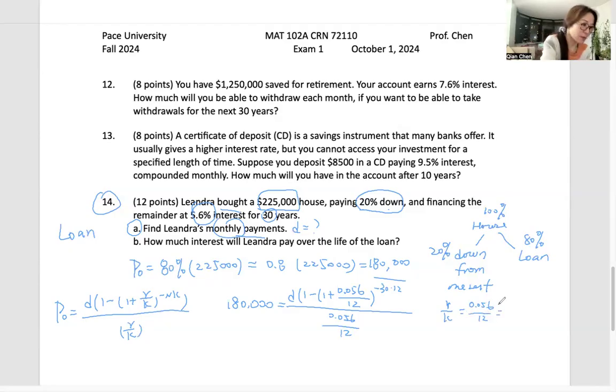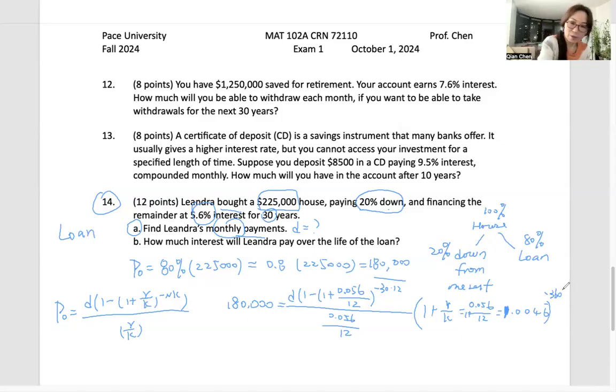Let's hit it into the calculator: 0.056 divided by 12. Again, a very annoying number. We get 0.0046, which goes on forever. Then we add 1 to it, so this 0 becomes 1. Then we raise it to the power of negative 30 times 12, which is negative 360.